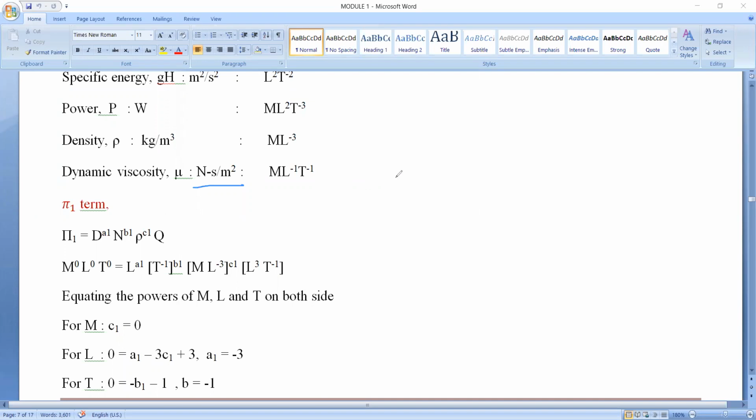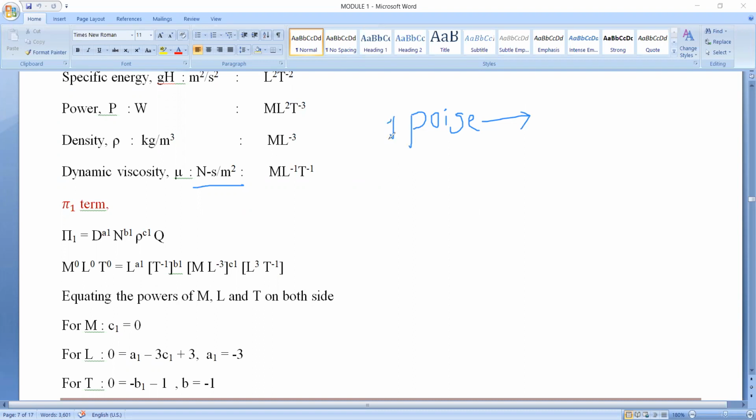Actually, this is a general discussion again. The standard unit for viscosity is poise or centipoise. The poise is the unit for the dynamic viscosity or absolute viscosity.